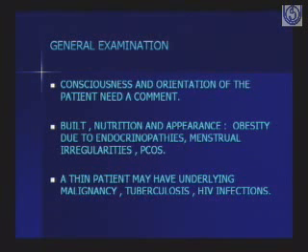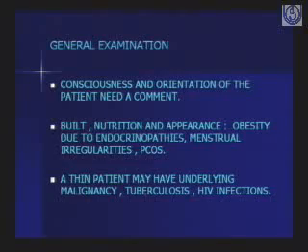An obese patient with slightly hirsute tendencies, just as the patient walks into your OPD or your examination, you think, okay, she might be a polycystic ovarian syndrome. A very lean and thin patient, an adolescent presenting to you with amenorrhea or menstrual irregularities. Is she eating properly? Is she a case of anorexia nervosa? All these questions ring up just by the appearance of the patient.